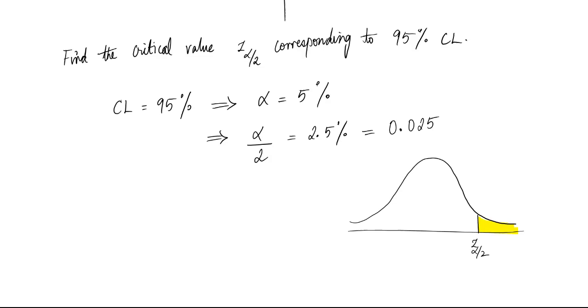So this is the area that measures to be 0.025, right? But if you are using table or technology, it is automatically going to give you the cumulative area from the left, for which you have to do 1 minus 0.025.